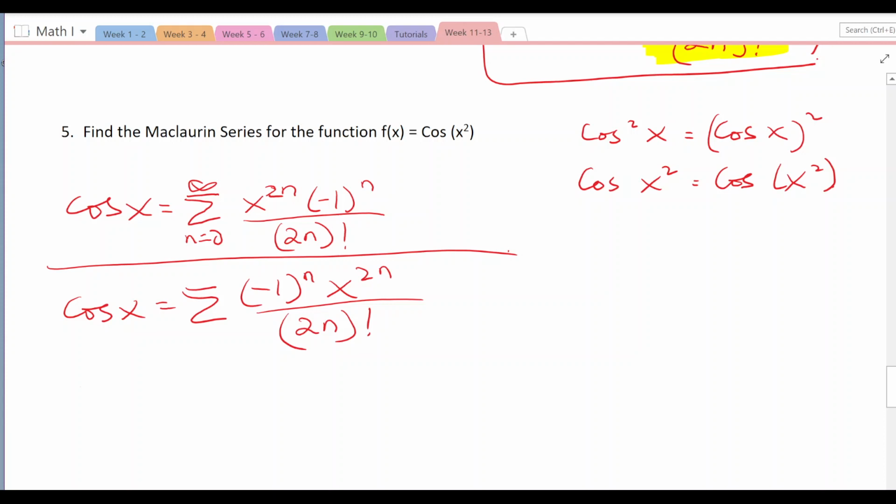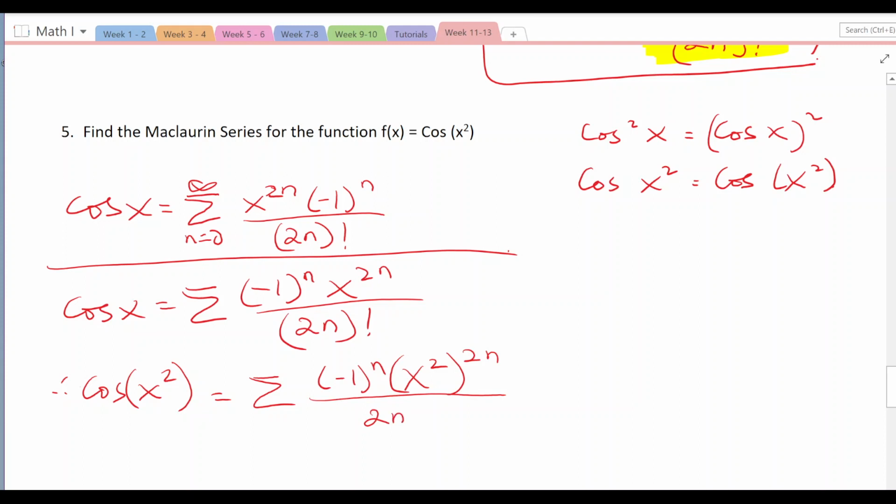So we can say that cos of x squared is then equal to the sum of negative 1 to the power of n, and we replace all x with x squared. So we have x squared to the power of 2n, all over 2n factorial.